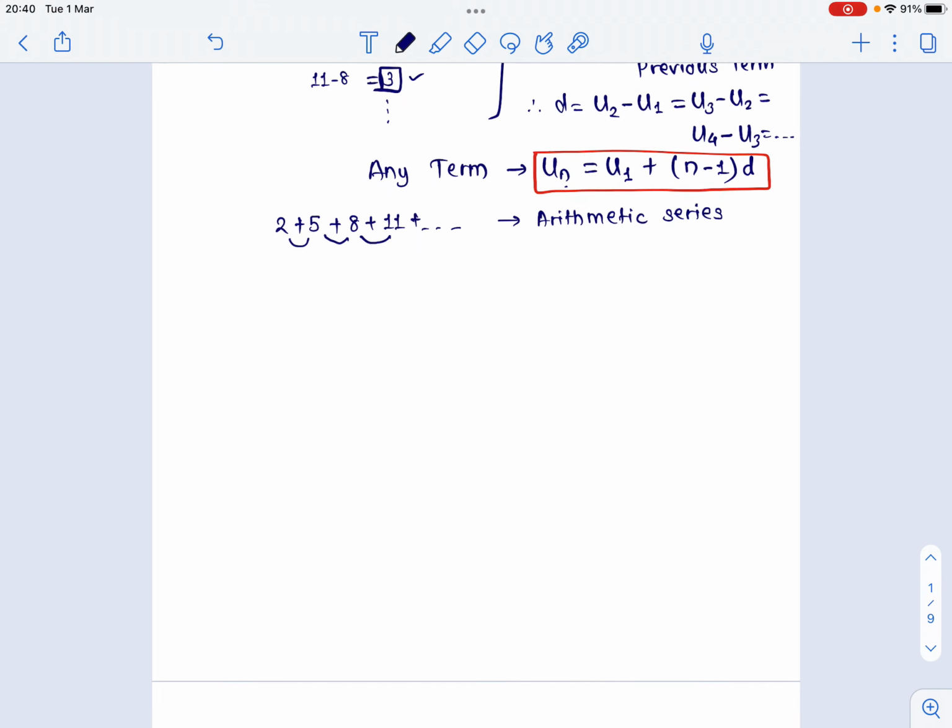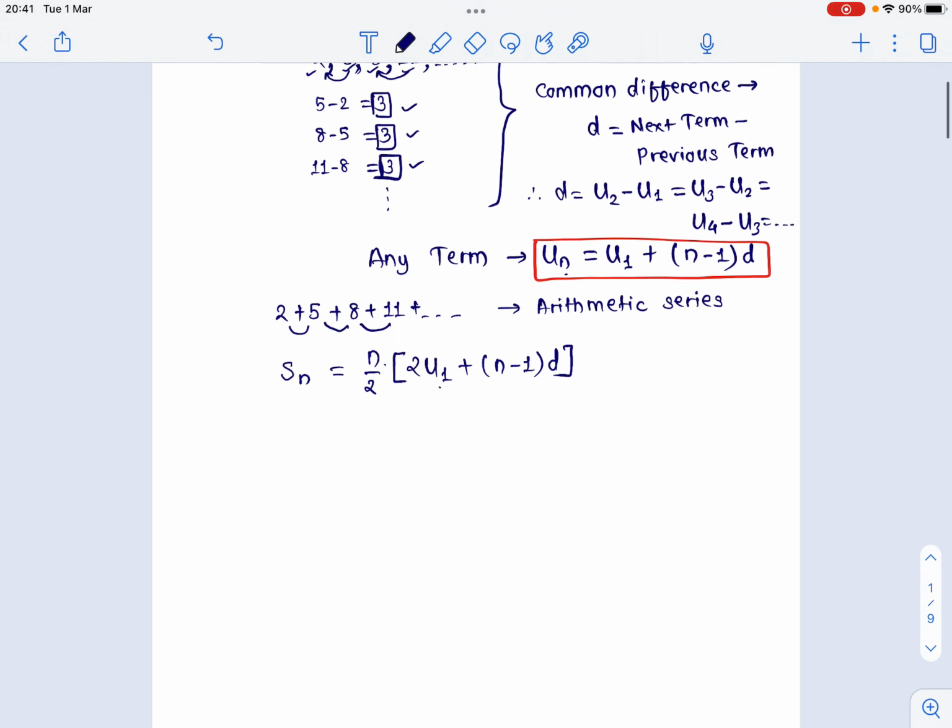So again, if I ask you to find the sum of the first 10 terms without adding them, or the sum of 100 terms without writing them, you need to use the formula Sn, where S stands for sum and n stands for the number of terms, is equal to n over 2 times (2 times u1 plus (n minus 1) times d), where n is the number of terms. If I say 100 terms, then the n value is 100. u1, as I said, is the first term.